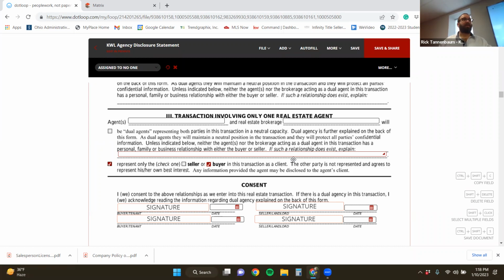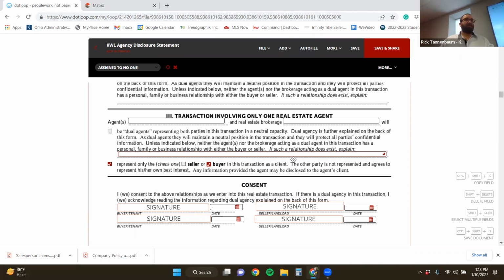So if I say I have a listing and then a buyer comes, I would encourage you not to act as a dual agent when you have a relationship. If your mom is buying a house that you have listed, I think you don't want to be a dual agent. That's just opening up a whole can of worms. I think at that point you either step out of the transaction entirely, or you refer the seller, because you can't refer your mom.